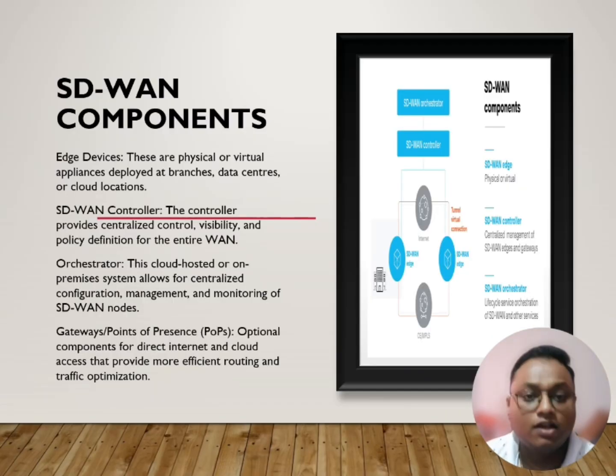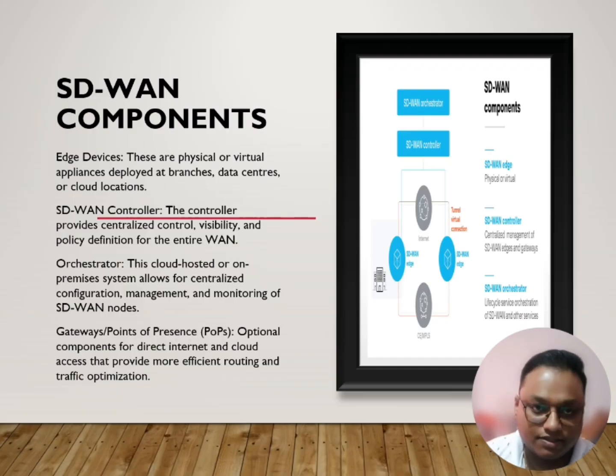Okay. Now on this slide we will discuss the SD-WAN components, what the main SD-WAN components are and how they interact to form a centralized SD-WAN fabric. In SD-WAN, the first main component is the SD-WAN edge, which is at the bottom layer.